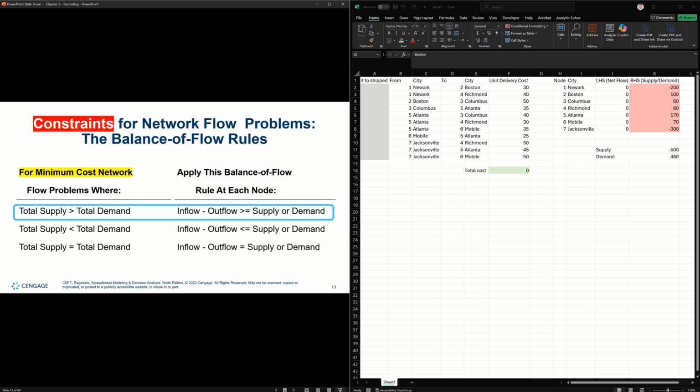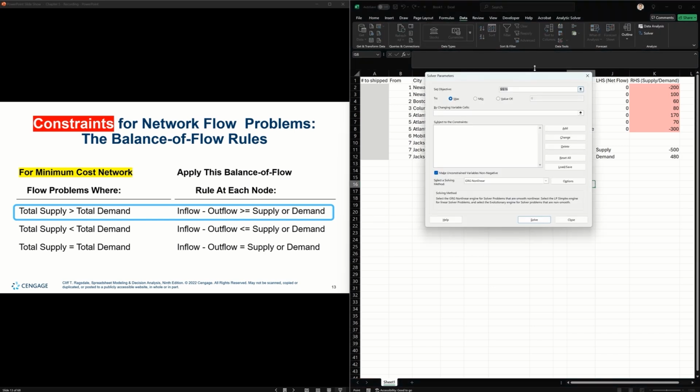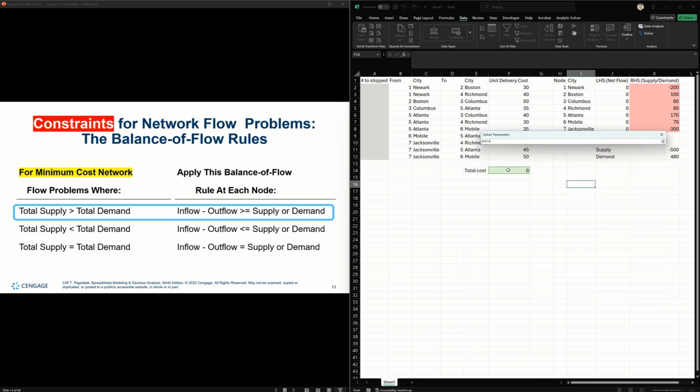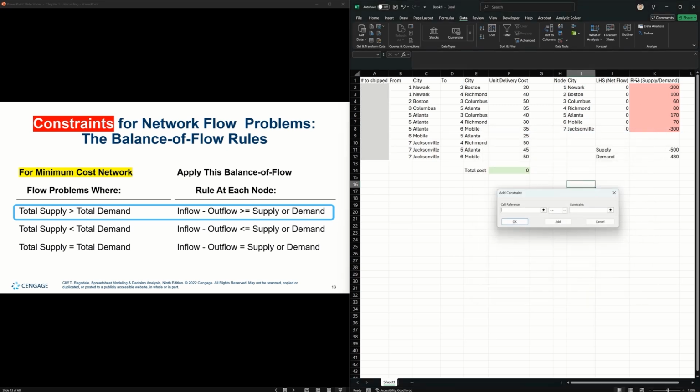All right. Now, the implication of having supply more than demand has a modeling consequence. So if I come back to Solver here, what we're trying to do is minimize the total cost by changing those decision variables. And then the constraints are the net flows in this case.